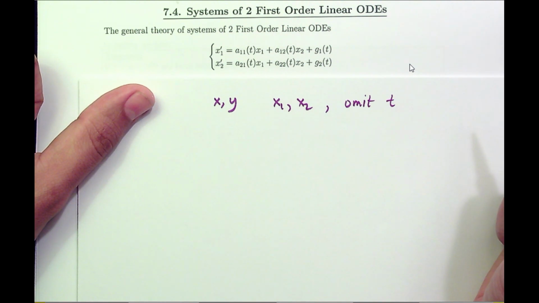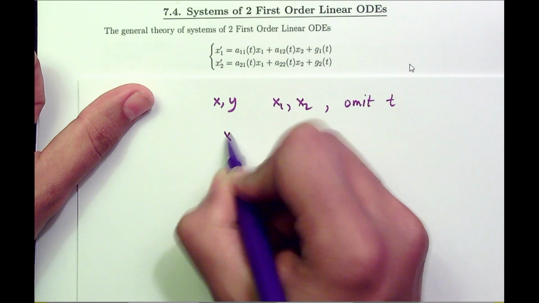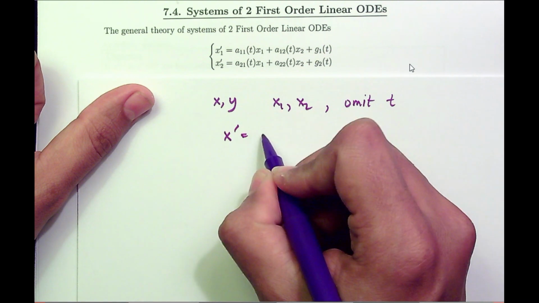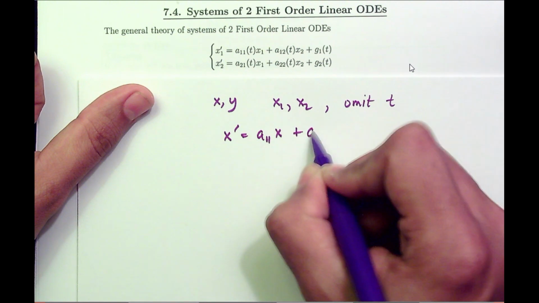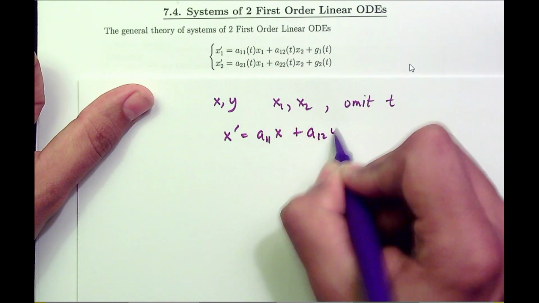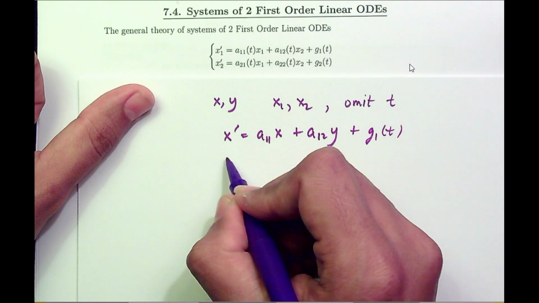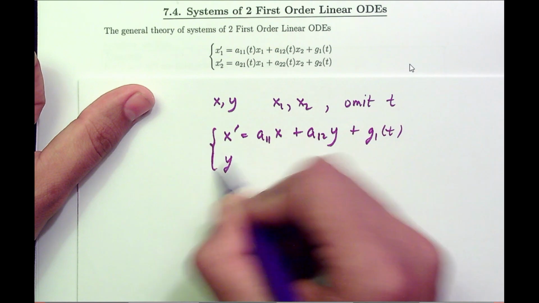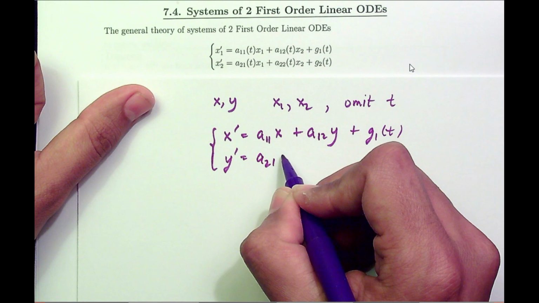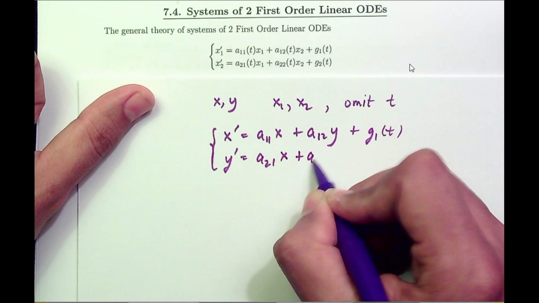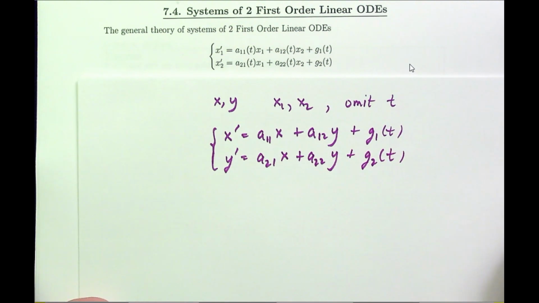And in that case, the system might look like this. x prime equals a11 x plus a12 y plus g1 of t, y prime equals a21 x plus a22 y plus g2 of t.